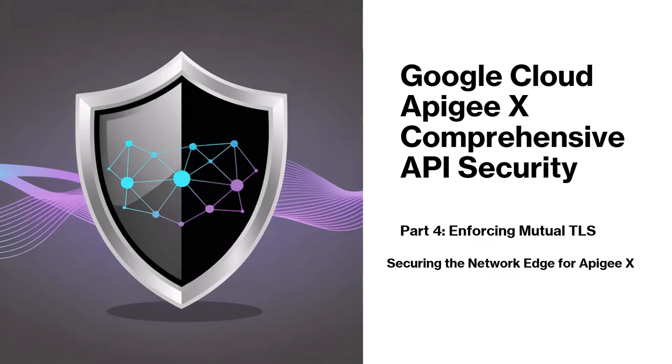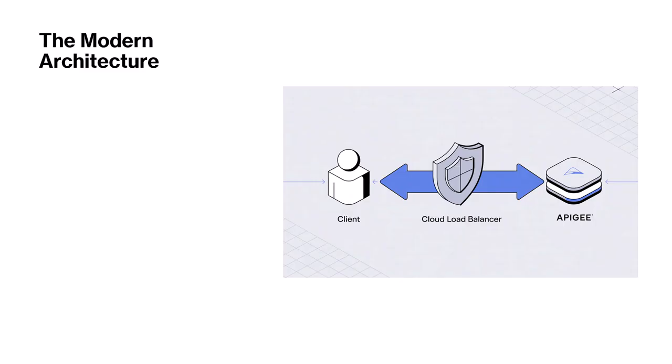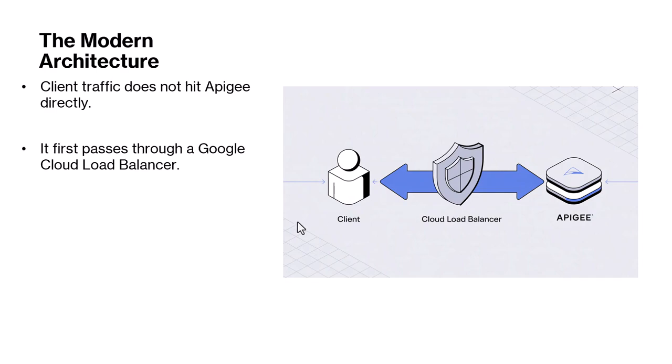This module will walk you through the real-world process, simulating the distinct roles of an API developer and a cloud network administrator. Before we dive in, it's crucial to understand the architecture. Client traffic doesn't go straight to the Apigee runtime. Rather, it is intercepted by the cloud load balancer.